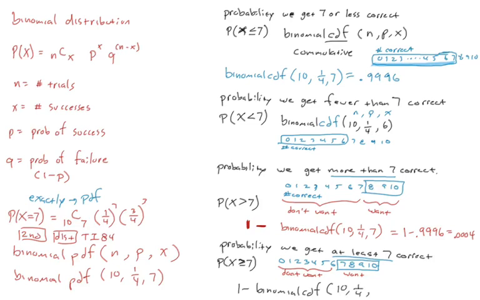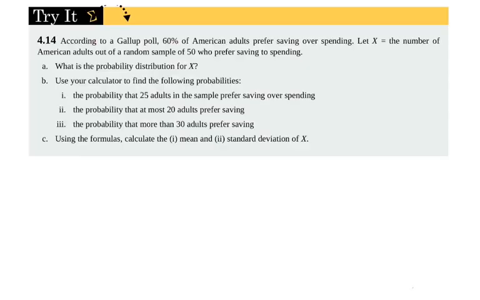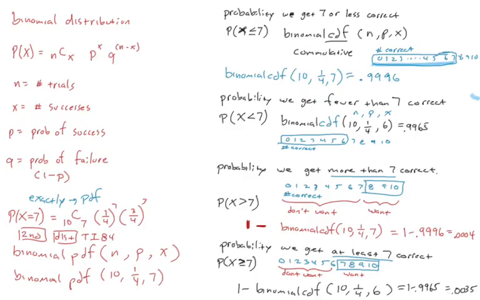But what I'm going to plug in this time is a 6, because we do not want that. If we plug in a 6, it's going to calculate all of this portion right here, which is what we don't want. And that's why we have the 1 minus piece. And then that should give us roughly 0.0035. Oops. There we go. I think I had to make a slight correction on my decimals there.